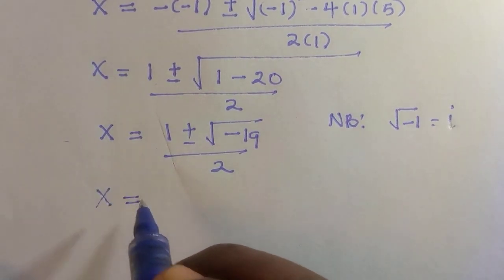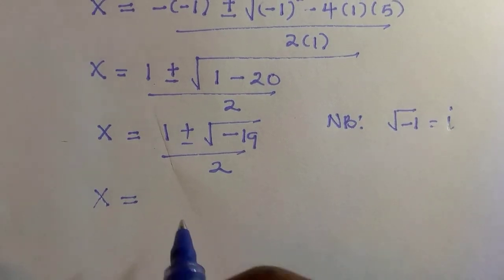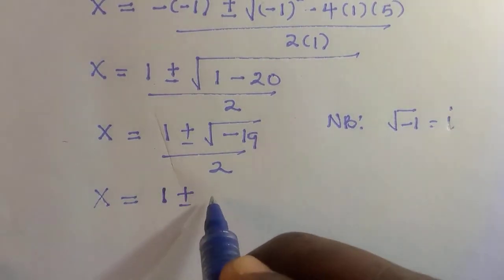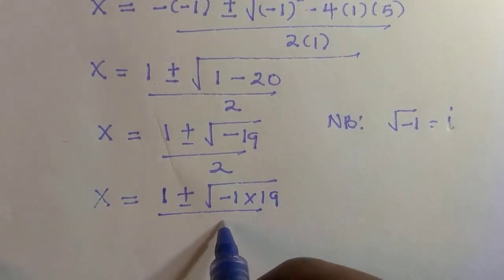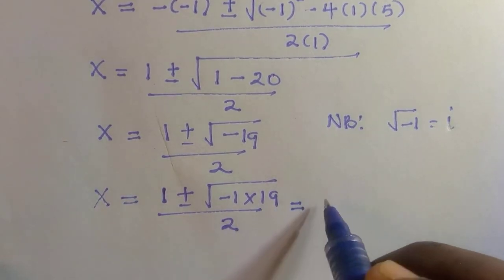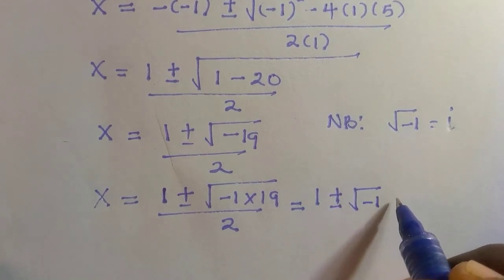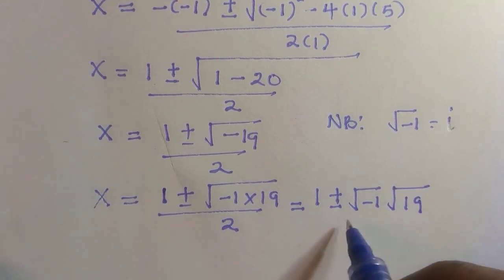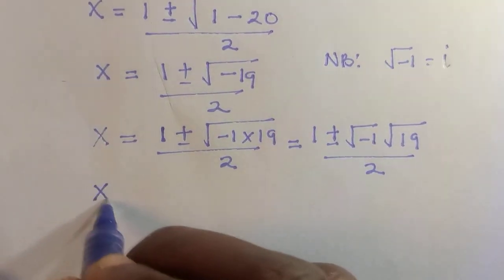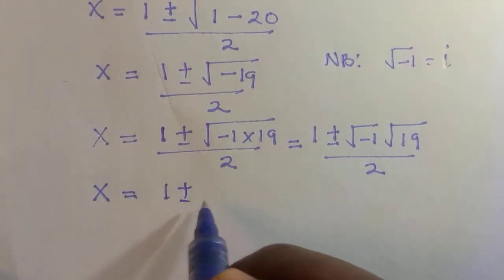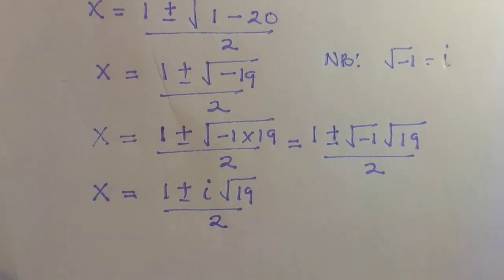By re-expressing this, we have 1 plus or minus the square root of minus 19, which we separate as the square root of minus 1 multiplied by 19, divided by 2. This is the same thing as 1 plus or minus the square root of minus 1 and the square root of 19, according to the rule of surds. Then the square root of minus 1, as we already know, is i. By replacing it, we have 1 plus or minus i root 19, divided by 2.